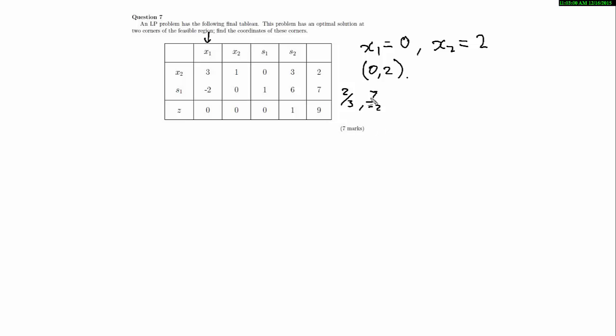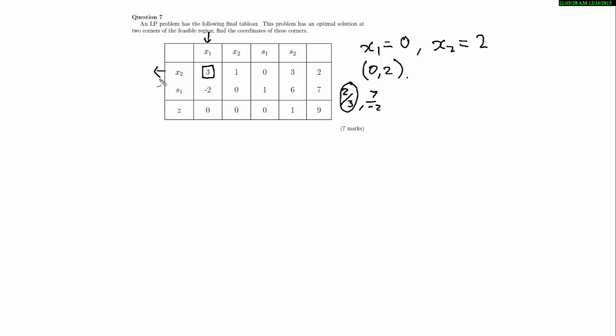As this one is a negative ratio, the ratio we're after is 2 on 3, and that means that we have to pivot on the element 3. So x2 will be the departing variable when we complete this pivot.